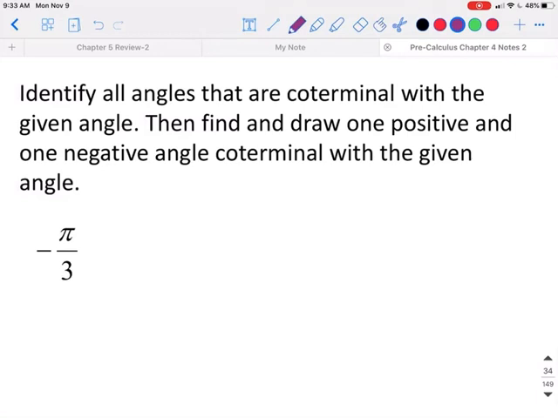We need to identify all the angles that are coterminal and then find one positive and one negative angle. Again, we're going to do negative pi over 3 plus, this time, 2n pi for all the angles. Pi over 3 is located right here.